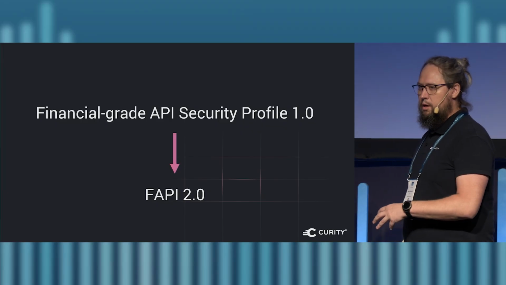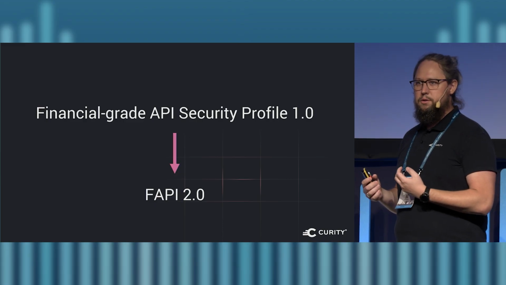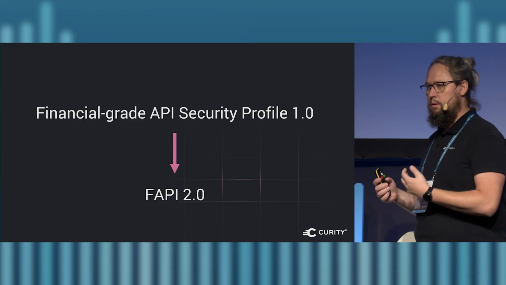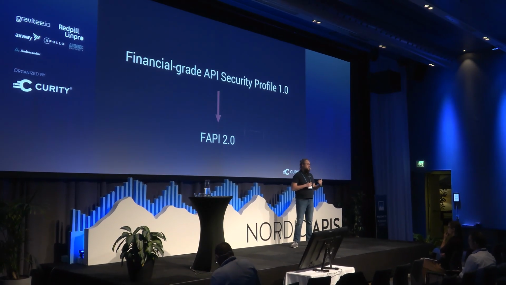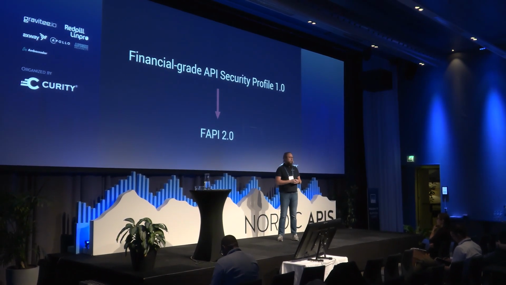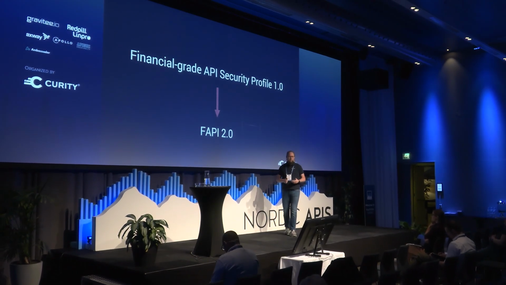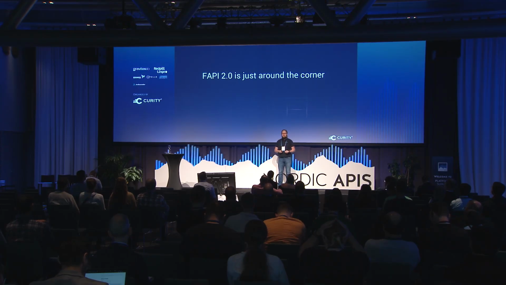In this talk, I will talk about some solutions that FAPI provides, and these will be solutions that are described in FAPI 2.0, even though the official version is 1.0, the financial-grade API security profile. But I will talk about the second version for two reasons. First of all, FAPI 2 is just around the corner. It's in the last stages in the publishing pipeline, so it should be published very, very soon.